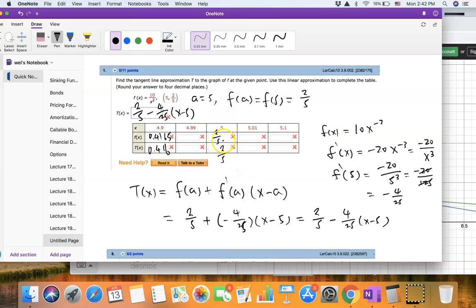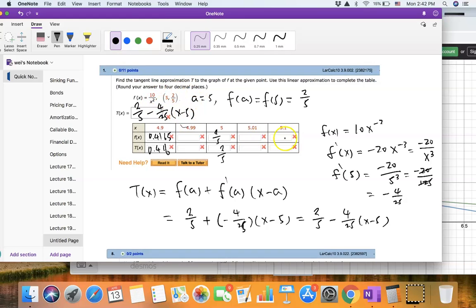At this point, the estimated value is the same as the actual value. The reason is if we take a look at the function of T(x), when x equals 5, the second term will be 0, right? Because we have 5 minus 5, 0.